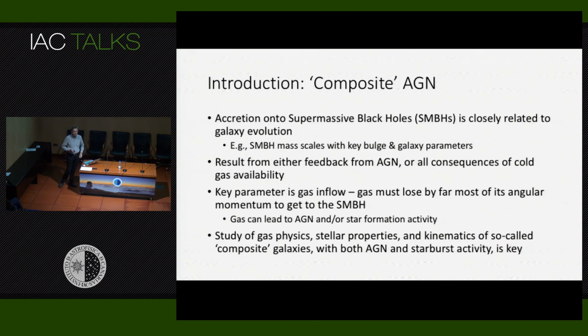quite interesting paper. This is about a galaxy, NGC 7130, that's known as a composite AGN, which means it's got an AGN and it has a starburst roughly in the same central region. So why is this interesting? It's got to do with accretion onto supermassive black holes, which is closely related to galaxy evolution.